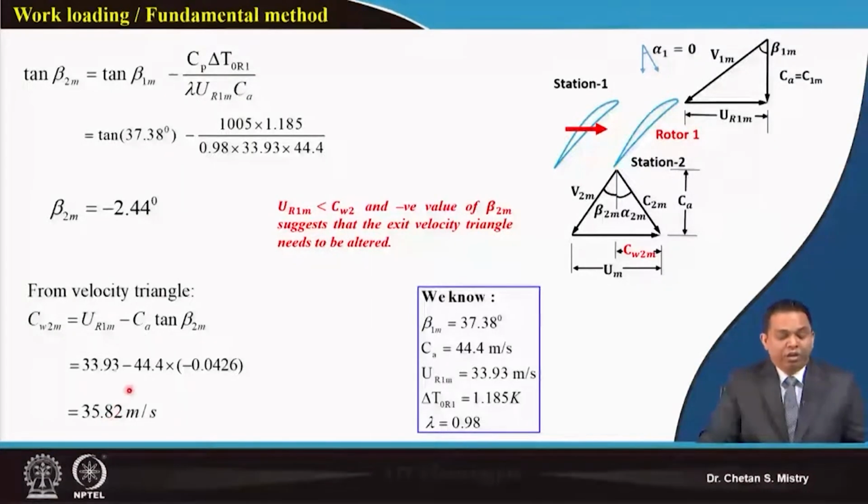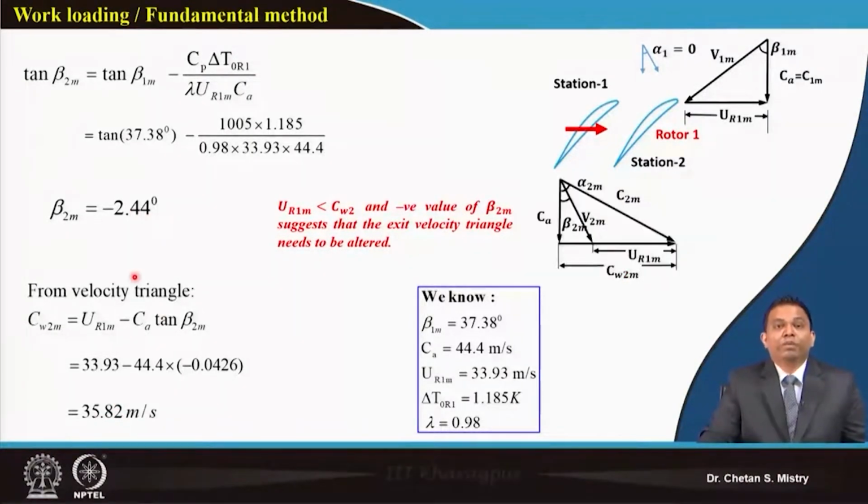Now, in this case, you need to be very careful about what angle we are getting. You can see this is a modification of our angle. So, my velocity triangle will be changing at the mid station like this. Be careful. We need to be very careful when we are doing our calculation.